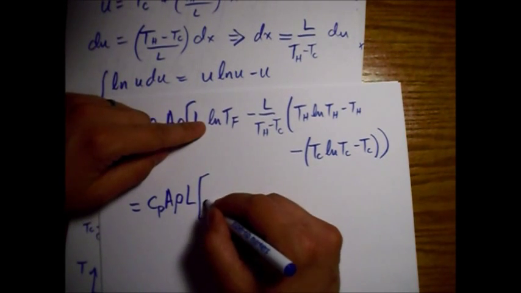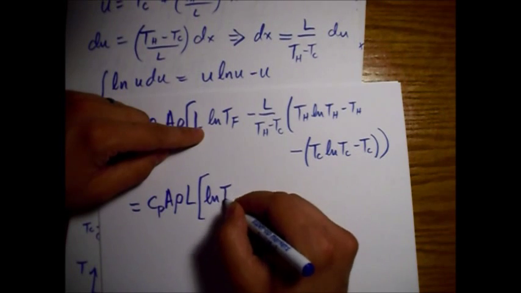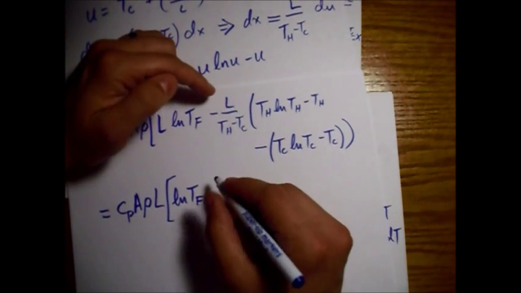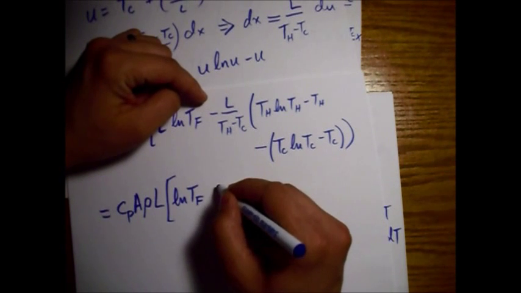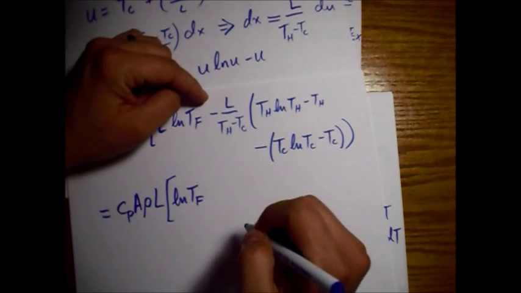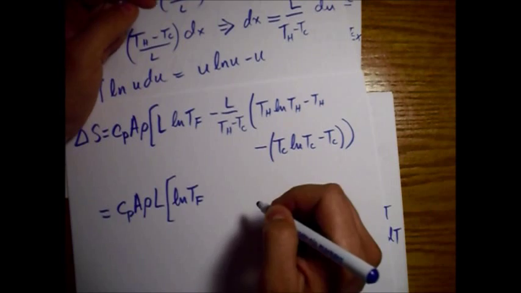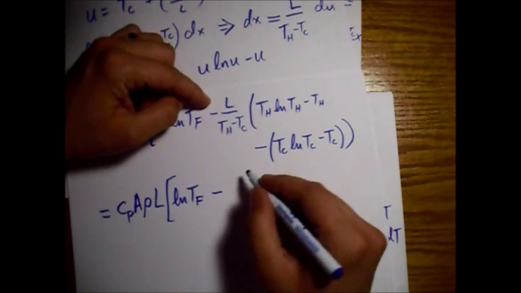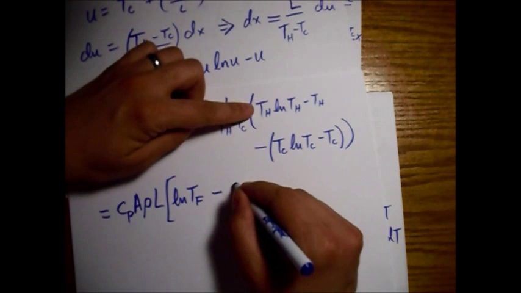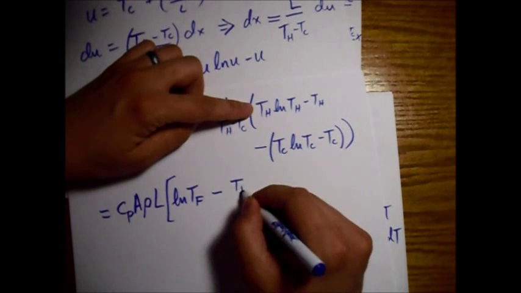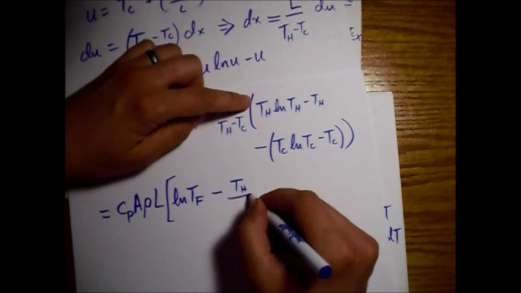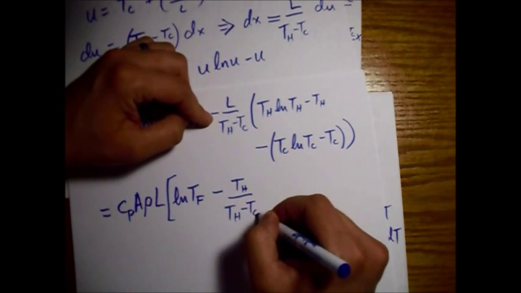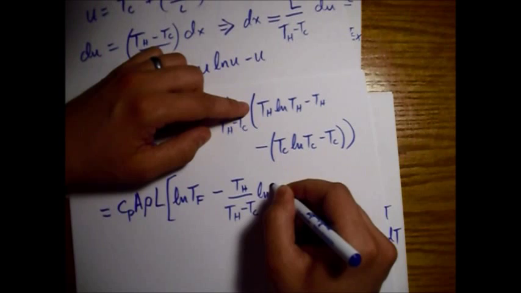Now we just have the natural log of Tf, and then minus, I'll write this as Th over (Th minus Tc), natural log of Th.